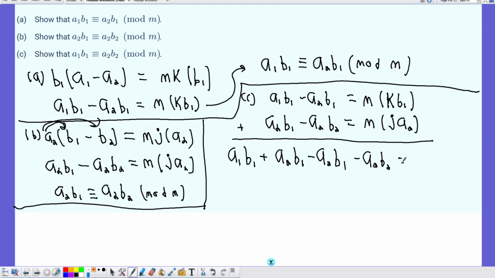That is equal to, now I can't really do much right now, so I'm just going to leave it as M times KB1 plus M times J A2.